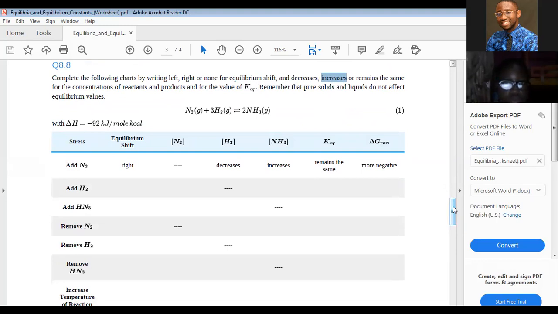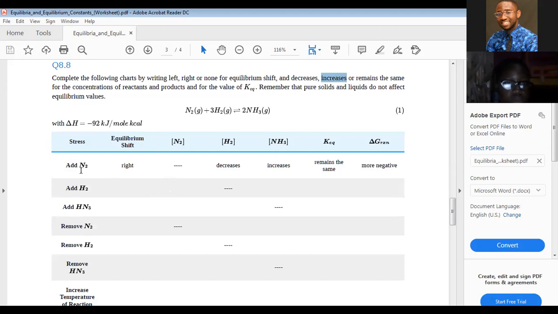Nitrogen reacting with, that's 1 molecule of nitrogen reacting with 3 moles of hydrogen, giving you ammonia. All right. Don't forget our laws. Now, our aim is to determine where equilibrium will shift to.